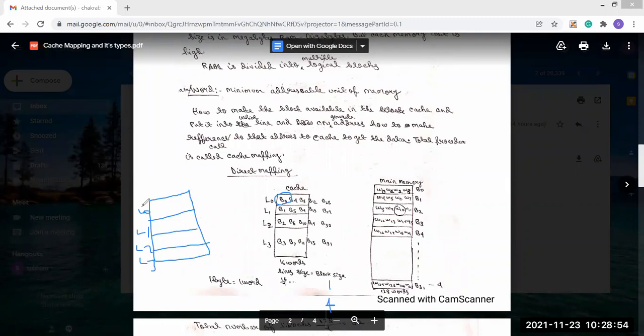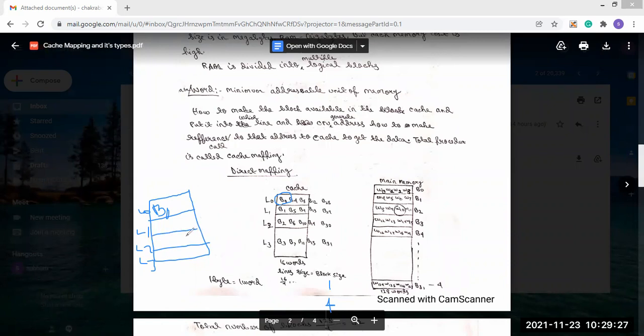Now let's say the first block B0. We perform K mod N and find that the remainder is 0. So block 0 will be accommodated into line number 0. The next block that came to the cache is B4, but we cannot accommodate B4 now.